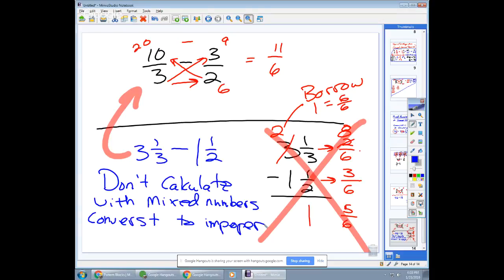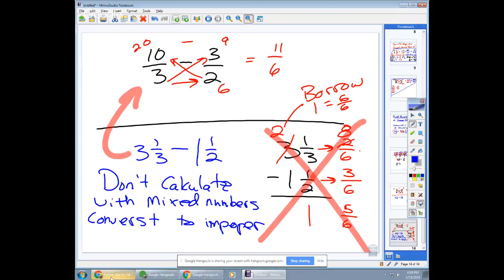Wait till you see what this looks like with multiplication. It gets even messier. Forget about division. Can we? No, not completely. We can forget about division of mixed numbers, yes, and just do division of improper fractions. It's way easier. Okay, so those are the high points of section 2.